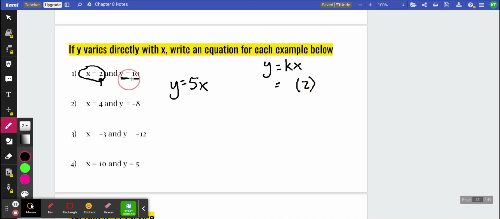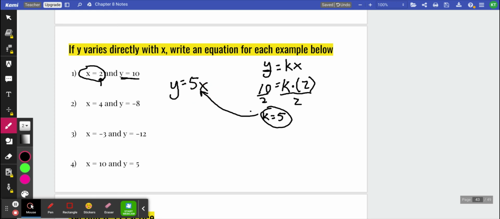And it tells me what y is, so I can plug that in here. And I'm solving for k. So 10 equals k times 2. To solve for k, the inverse of multiplication is division, so I divide both sides and I get k equals 5. So then my equation becomes y equals 5 times x.